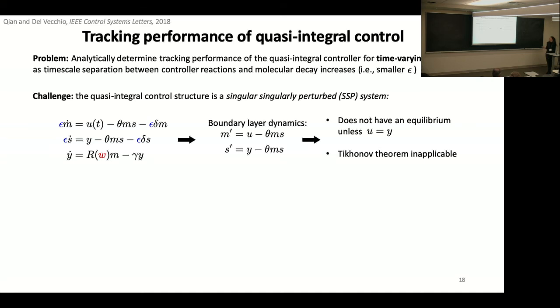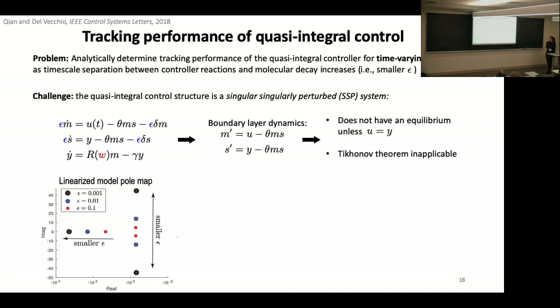But you find out that this system actually belongs to a class of singular perturbation systems where the boundary layer dynamics is not asymptotically stable. So there's a 0 eigenvalue, and essentially we don't have an equilibrium point unless u is equal to y, which is actually what you would like to have. But you can't prove this using Tikhonov's theorem.